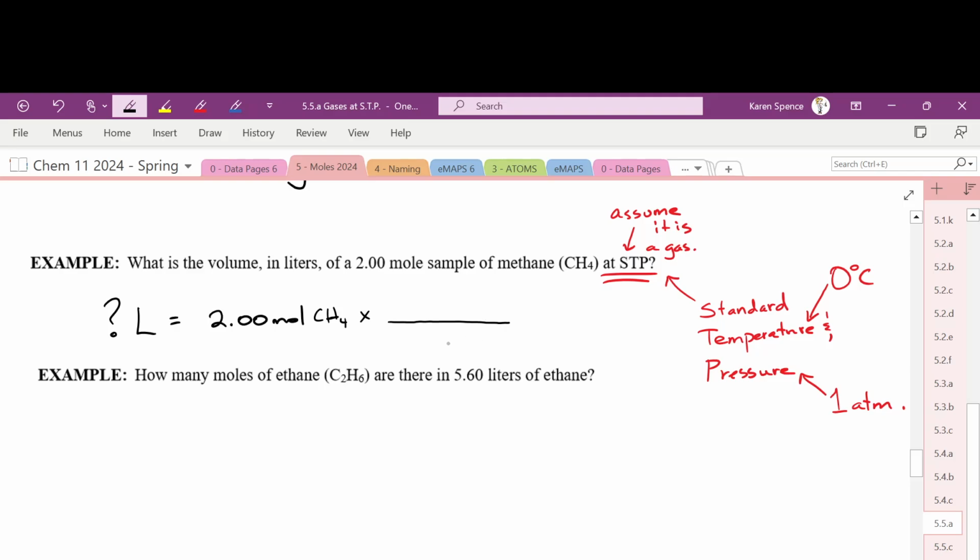We want to cancel moles of CH4, and we want to find liters. This is not a solution, so you will not be using molarity. This is a gas. So what numbers do we use?